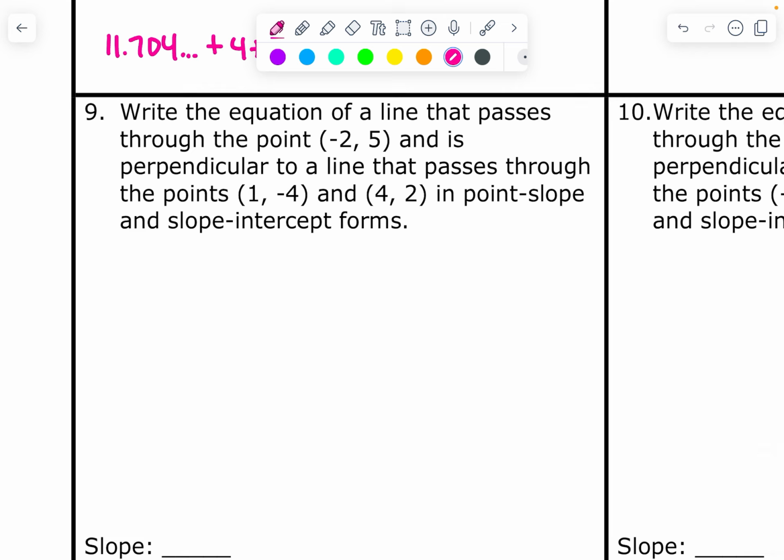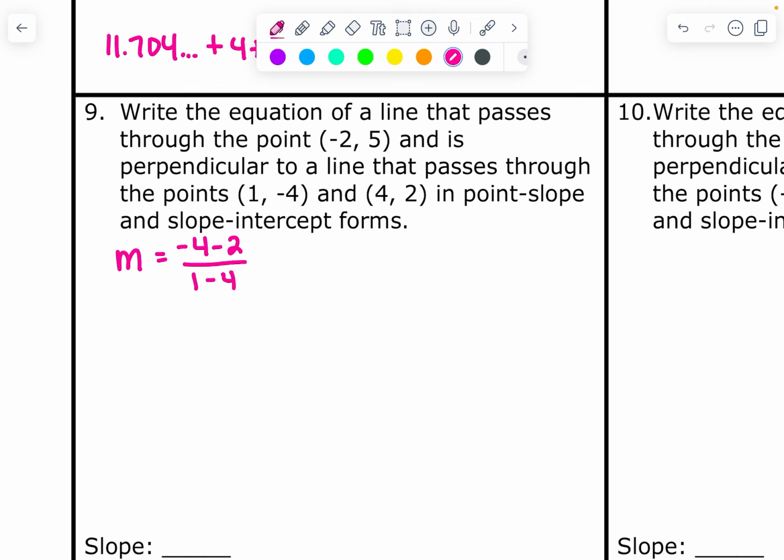Write the equation of a line that passes through this point and is perpendicular to the line that passes through those 2 points. So, first of all, what's the slope? We've got the change in y over the change in x.